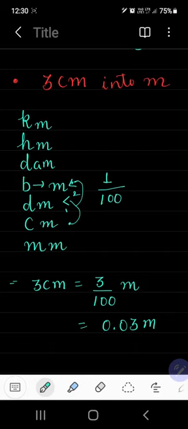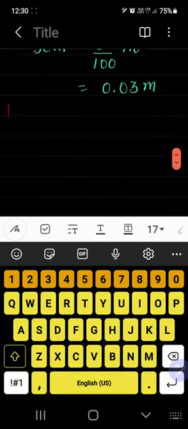So this is the way with which we can convert a smaller unit into bigger unit. Now let's do one more question. So the question is, let's convert 7.6 kilometer into meter.